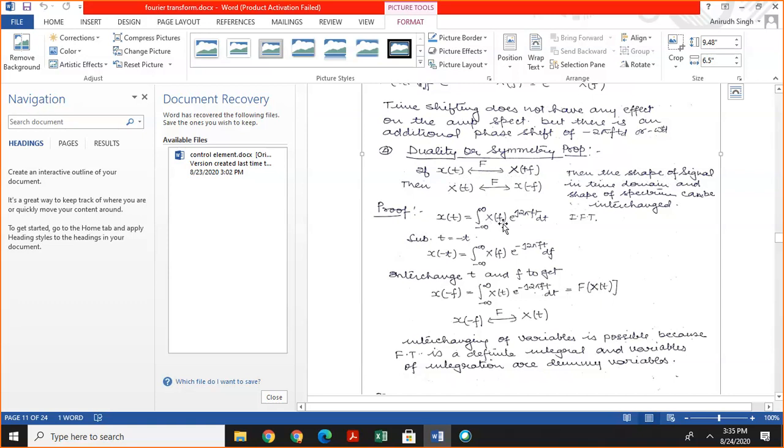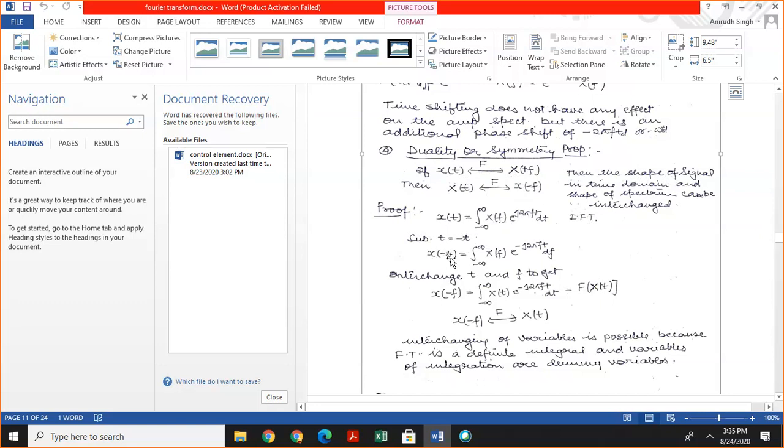Proof: x of t is given by the integral from minus infinity to plus infinity of X of f exponential j2 pi ft df, and this is the inverse Fourier transform. To prove the duality or symmetry property, start with the IFT and substitute minus t in place of t.